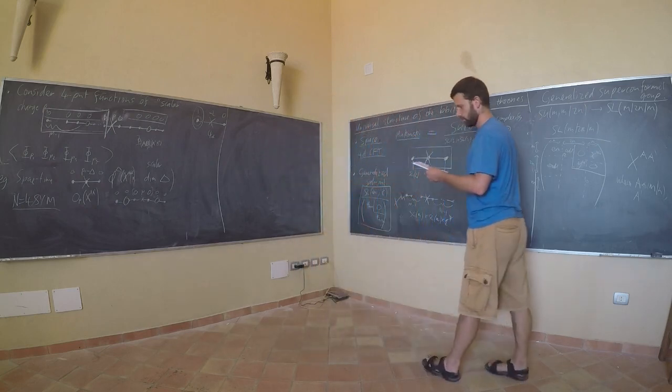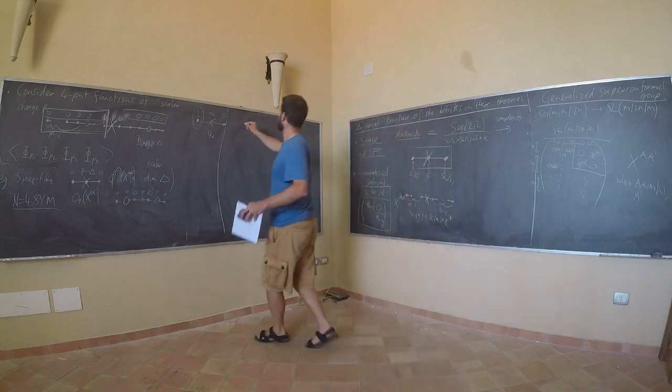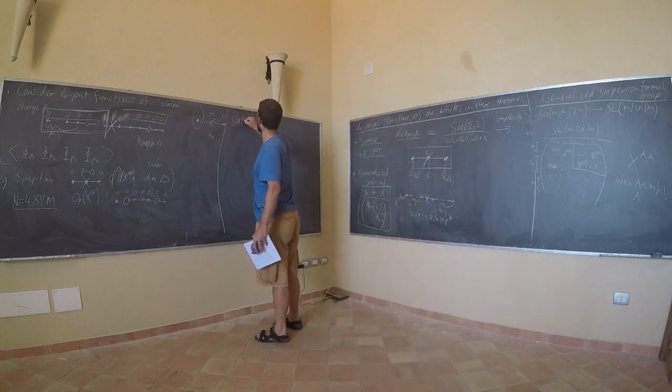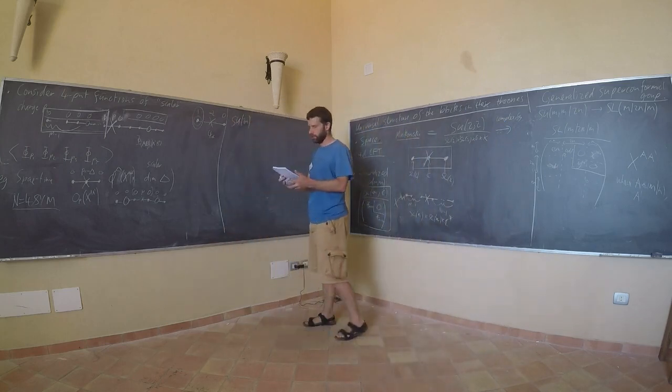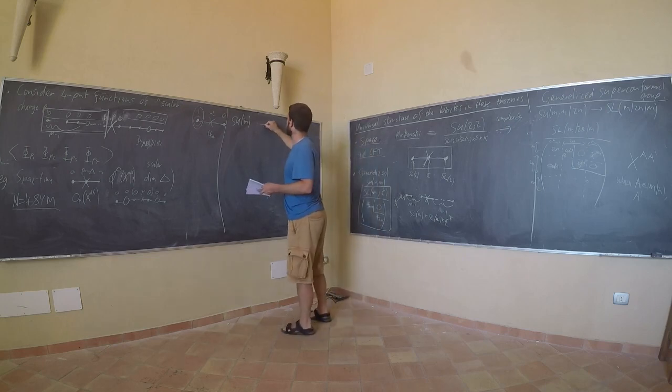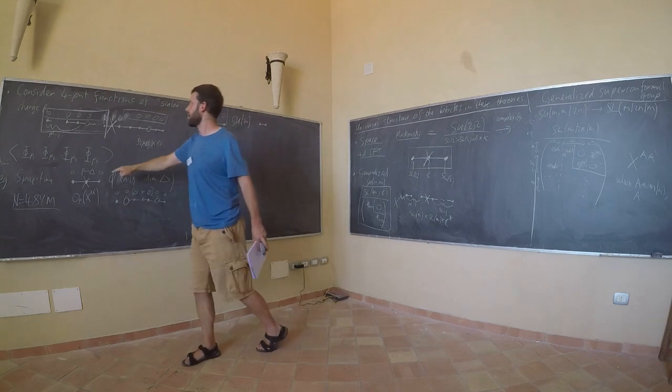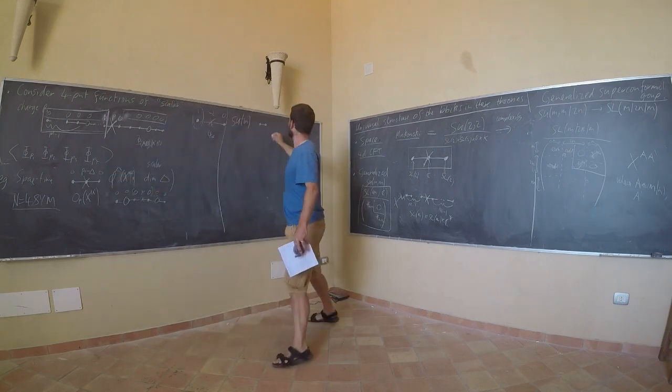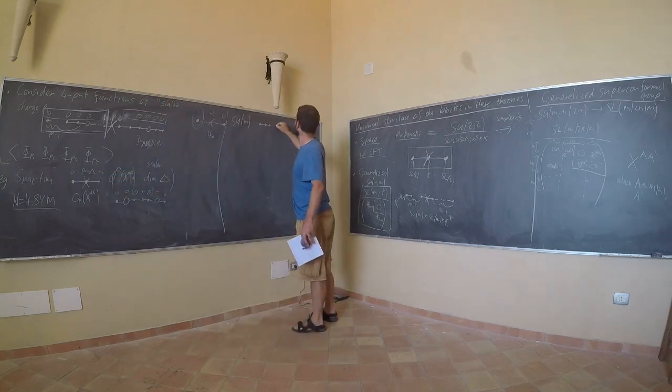So, yeah, I wanted to quickly talk about the SU2M case. We could also consider SU2M, and that looks very similar to the SUM case. So what's the difference? Well, it's just the sign of the node in the middle, really.